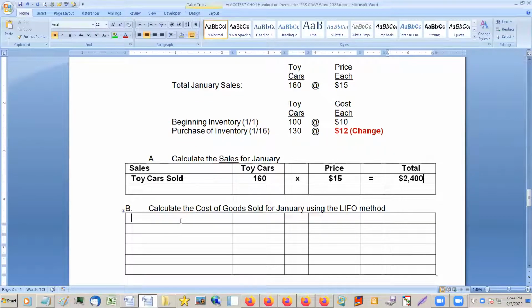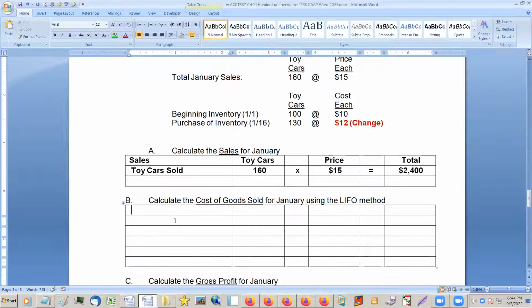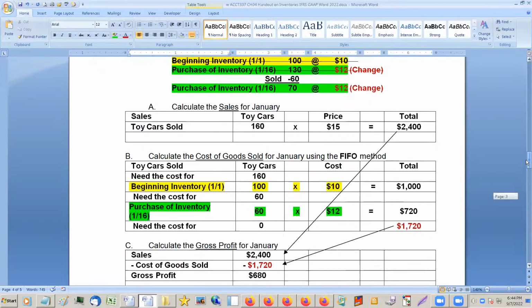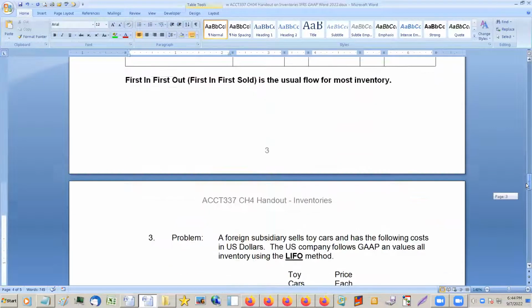Okay, so cost of goods sold, now this is where it's different. Toy cars, okay.